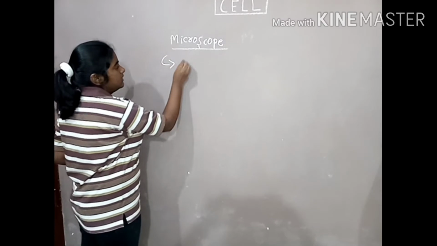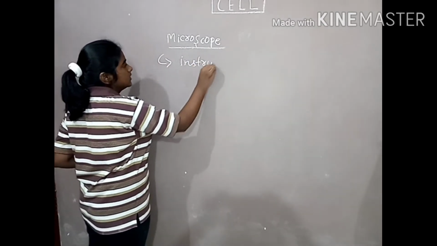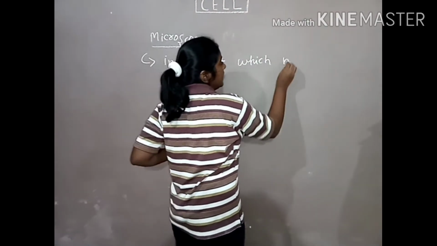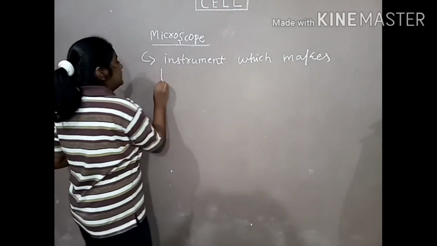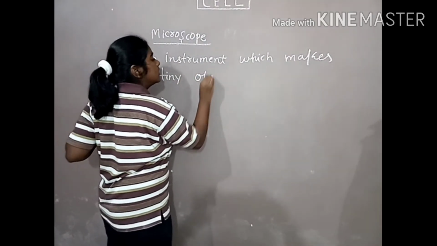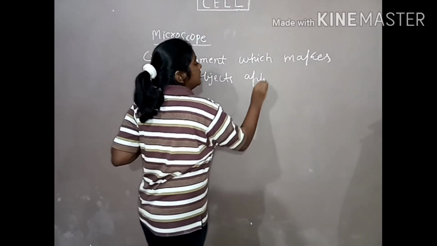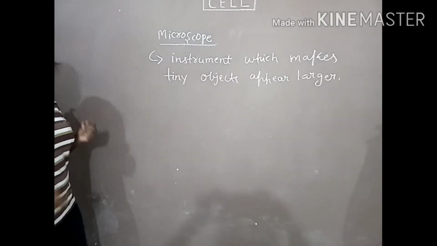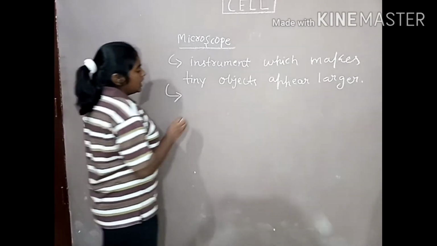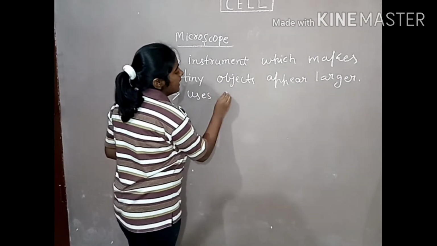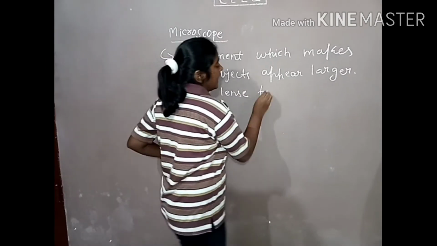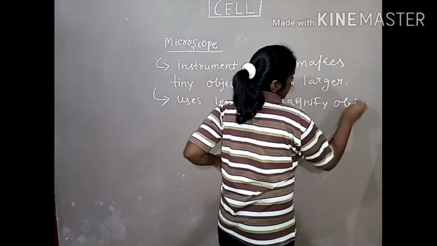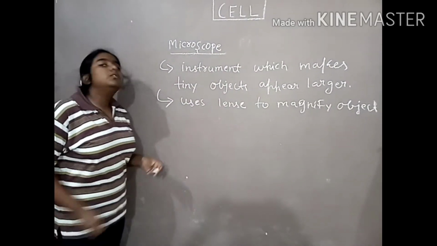Microscope is an instrument which makes tiny objects appear larger. It uses lens to magnify objects.